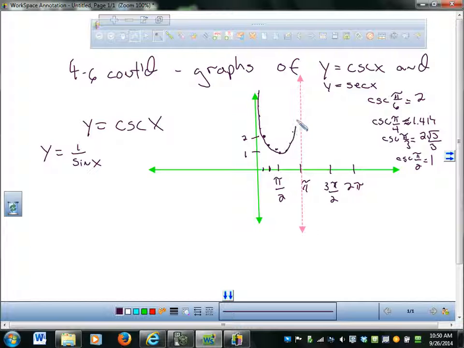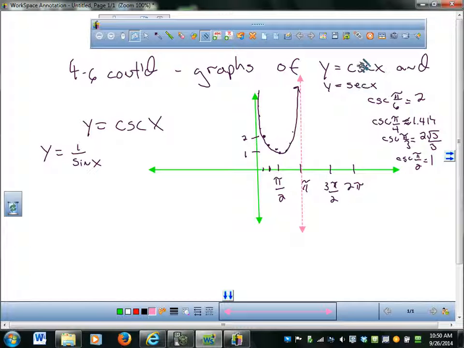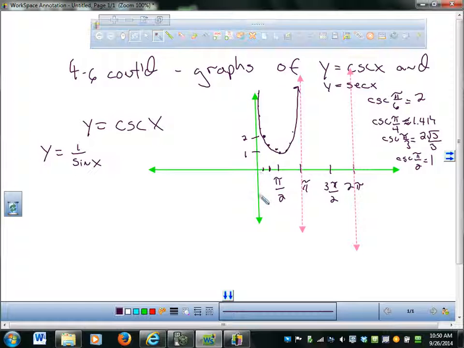And then when I get into the third and fourth quadrant, what's true with sine in the third and fourth quadrants? Negative. So cosecant, which is a reciprocal, is also going to be negative, right? So if I put a -1 here, a -2 here, what I get is a curve going up and down like that, and it repeats itself forever and ever.